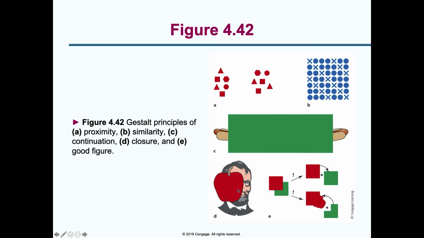D is what we call closure. We have a familiar figure, whether it's the apple or, I believe, President Lincoln, or a photo of a person of some sort. It's a familiar figure that's kind of interrupted, but we're able to close what we think the rest of it is to see something more simple. And for E, we are drawn to good, regular, symmetrical kinds of objects.